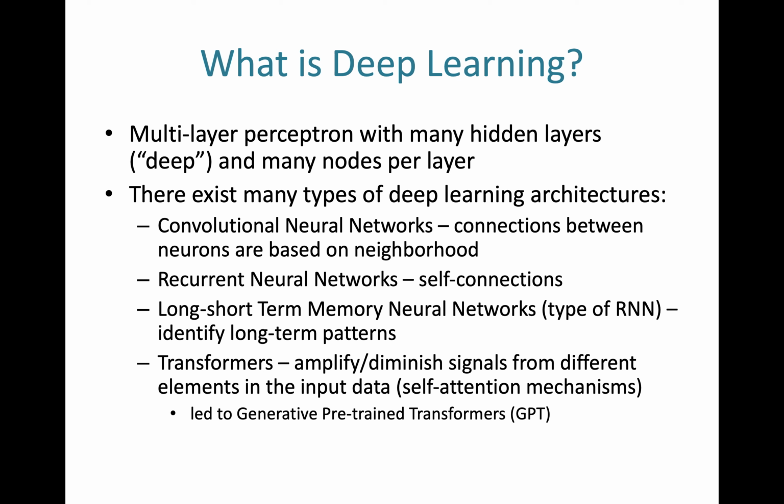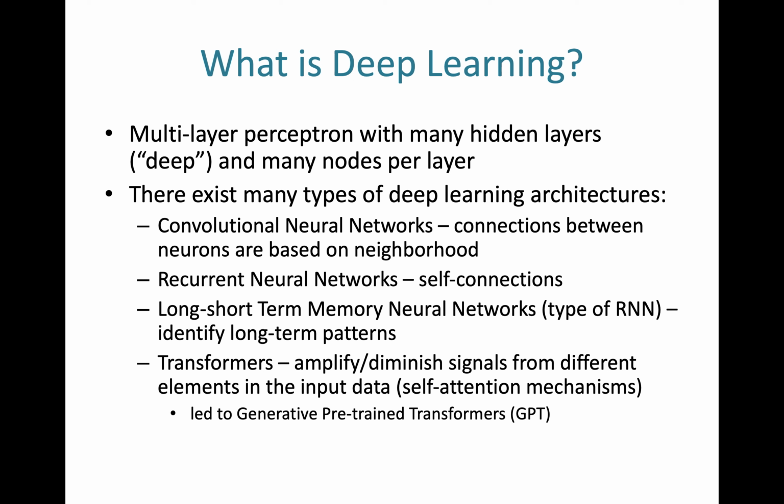And then, of course, you might have also heard about transformers. Transformers are the technology behind all the generative models that we are hearing about, right? Their main distinction, what set them apart and made them more successful, was what is known as the self-attention mechanism. Basically this is just a way of amplifying or diminishing the importance of different elements in the input data.